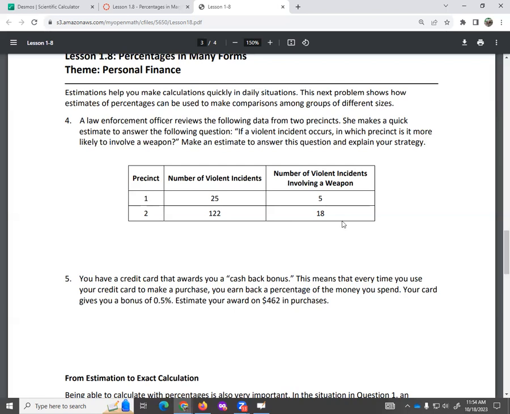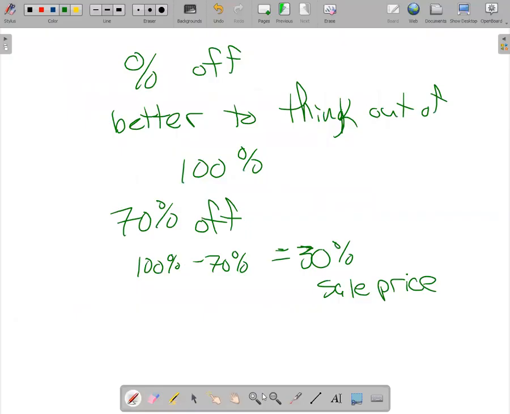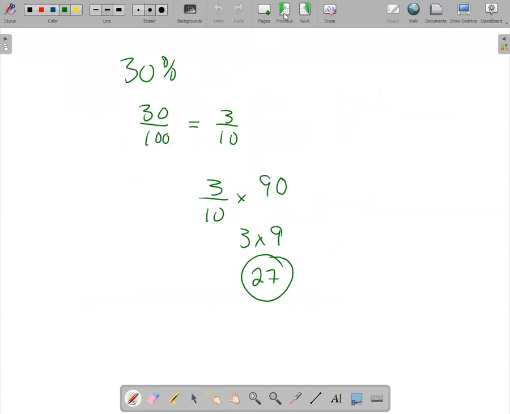Okay, so in the first one, 5 out of 25, we have an estimate of 20%. In the second one, 18 out of 122, that's kind of like 20 out of 120. How many 20s are in 120? Like 6. So let's compare these two.